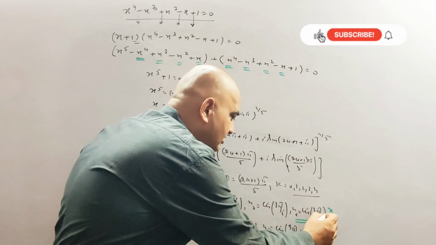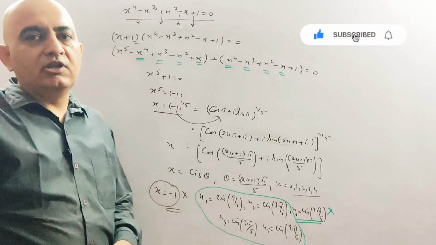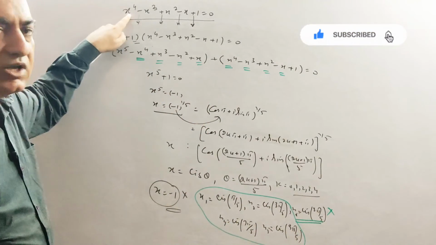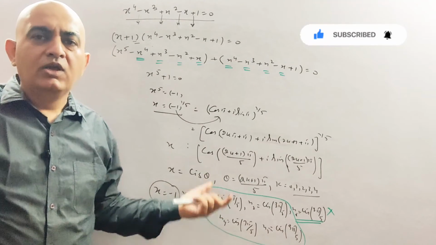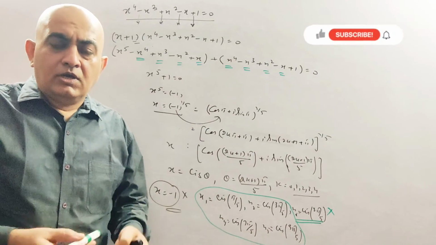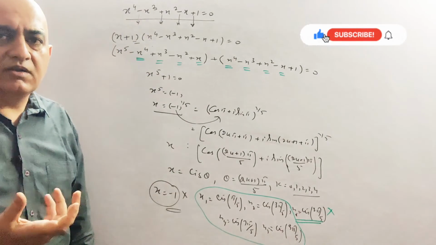So we can delete it and we have these 4 roots of the given equation. Because this is a 4-degree equation, तो इसके roots भी कितने होंगे? 4 roots होंगे.